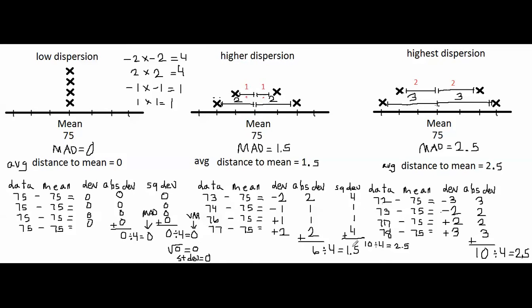So here we have our MAD, which was the mean of the absolute deviations. Here we have our variance, which is the mean of the squared deviations. The standard deviation is the square root of the variance. So you have to take the variance and put it under a square root sign.